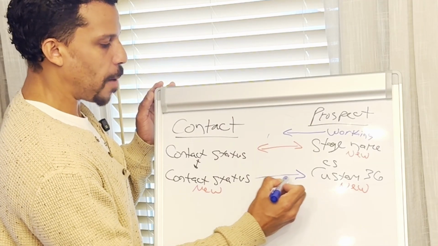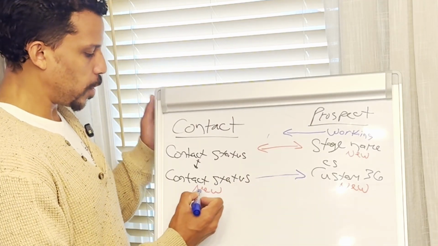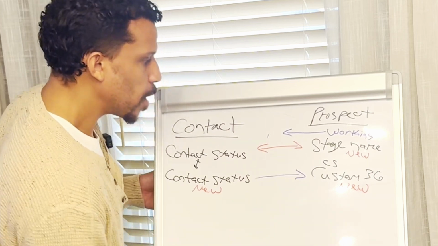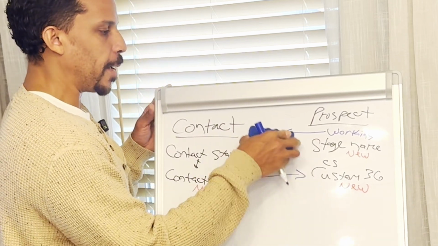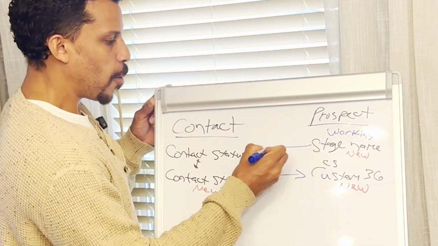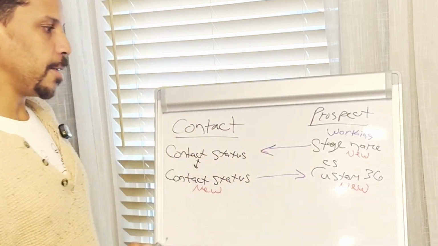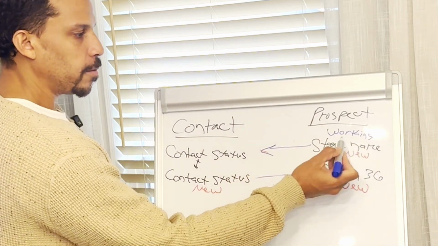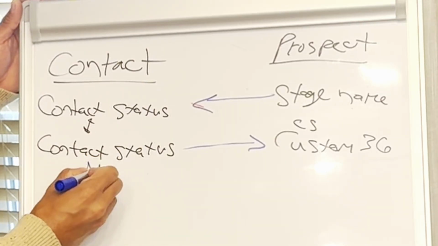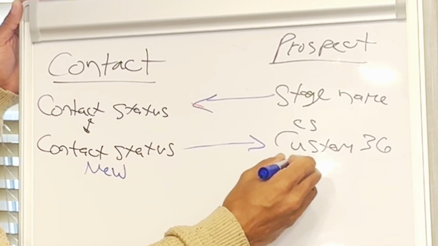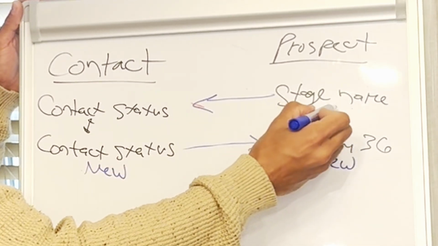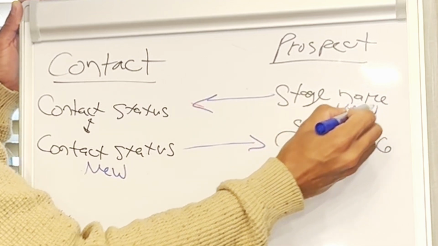So instead of having it as a bidirectional sync, we had contact status with the status of new mapping to custom 36. Then we changed the mapping up here for stage name to map one way over into contact status. So now if the contact status is new because it's a net new contact, that updates custom 36 to new as well, and that also updates the stage name to new.